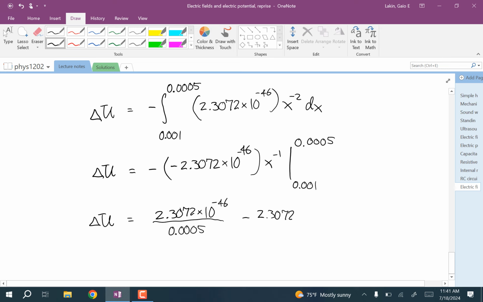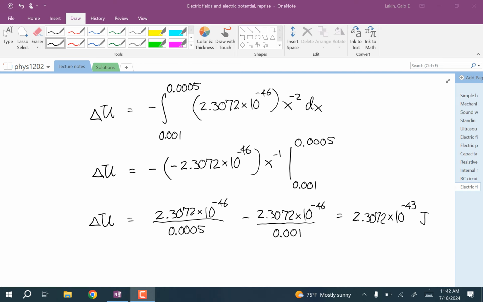And what we get is a stored energy of 2.3072 times 10 to the minus 43 joules. So again, in moving against the force, we have stored a positive amount of energy that later could be used as some other form of energy.